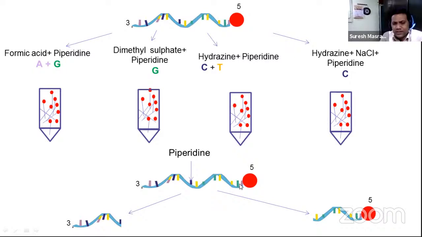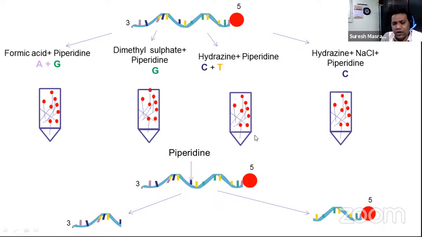Now, this is the single-stranded DNA. The 5 prime end is radioactively labeled, and it is broken, breaking this DNA fragment into two pieces. Now, when we put the content of these centrifuge tubes into the electrophoresis gel, what happens?